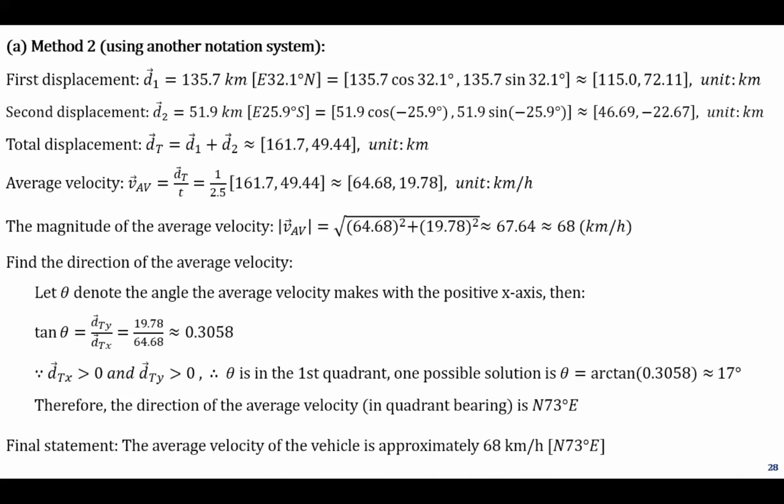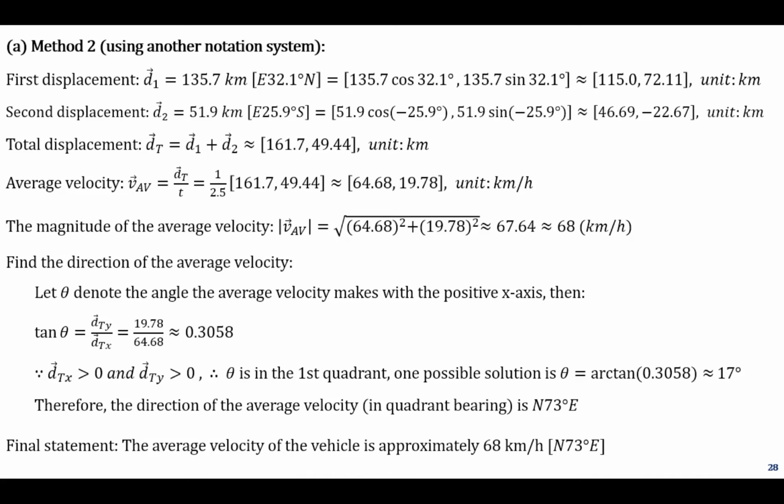So we can draw a diagram on scratch paper and find two components for the first displacement, which is 135.7 times cosine 32.1 degrees, and the y component is 135.7 times sine 32.1 degrees. And then the two components are 115.0 and 72.11. So here I just keep 4 significant figures for these two components. And the unit is kilometer.